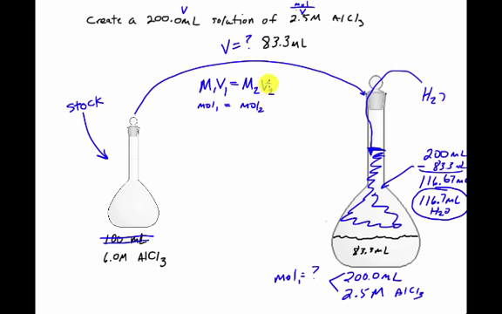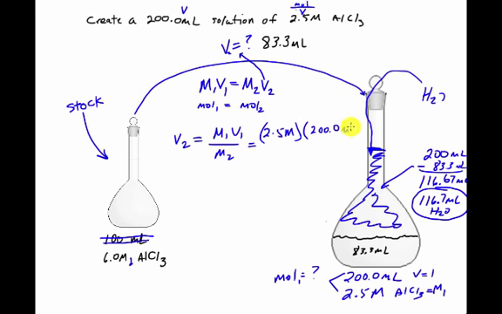So if I'm solving for V2, this would be my V2 right here, and this would be my M2. Over here would be the volume 1, and this would be my molarity 1. So if I'm solving for V2, it's going to be M1 V1 over M2. What's nice about this is that I can use my molarity, 2.5, and I don't have to change my volume to milliliters.